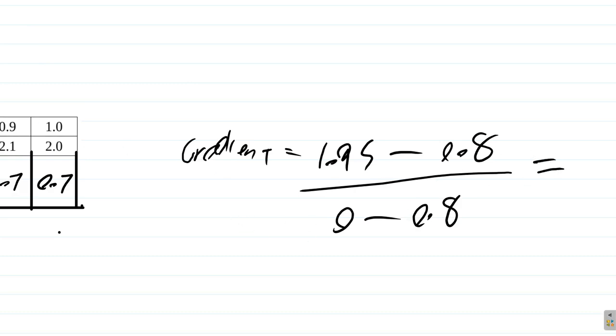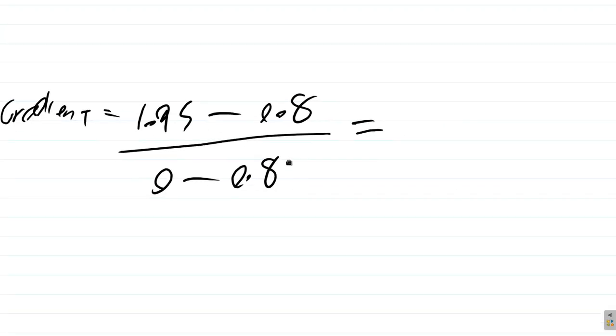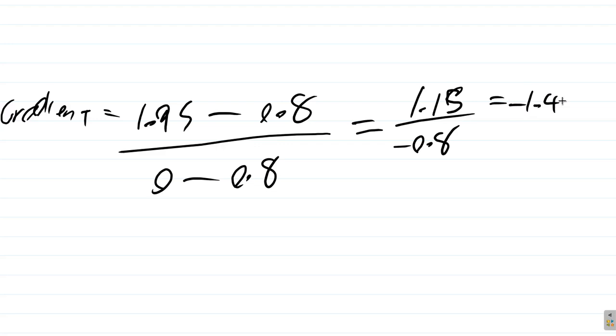Now 1.95 minus 0.8 gives us 1.15. That's 1.15 over negative 0.8, which is going to be negative 1.438.